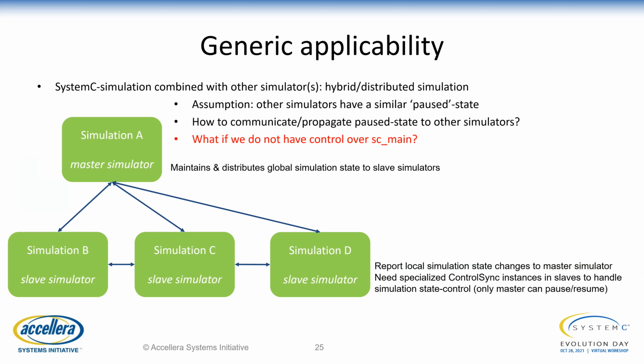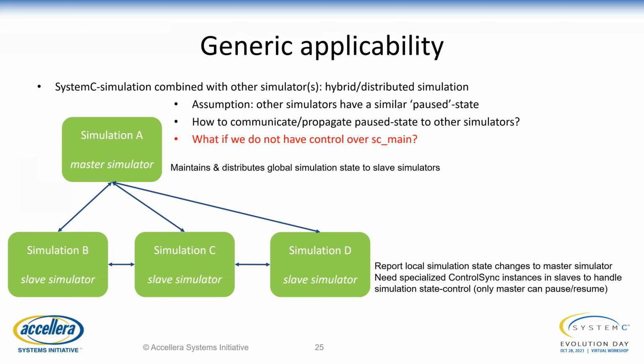Yeah, the topic of hybrid or distributed simulation. I mean, if we assume that other simulators also have a similar paused state, how should we communicate or propagate the pause state from one part to the other parts?